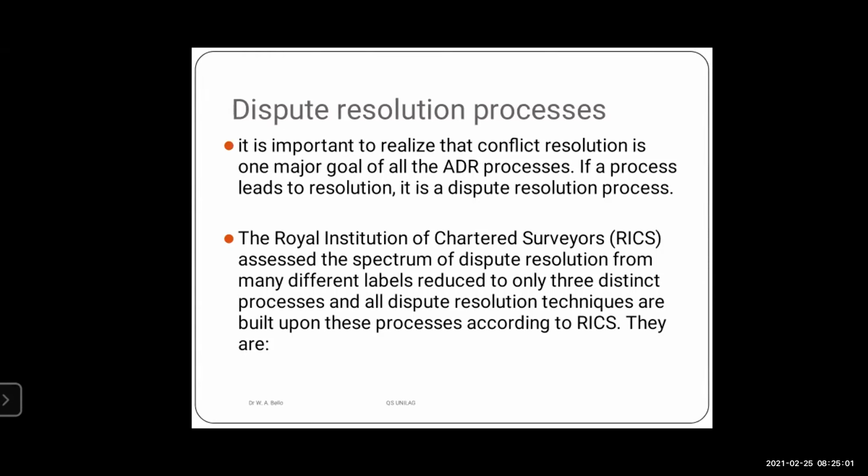So according to the RICS, they looked at this and reduced the concept of dispute resolution distinctly into 3 processes, believing that all dispute resolution techniques are built upon these 3 processes.